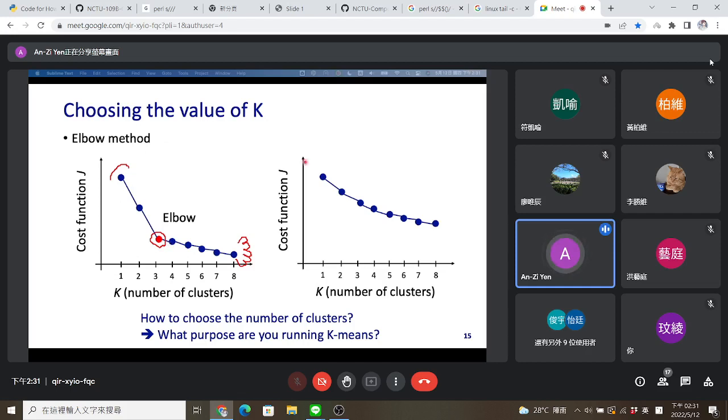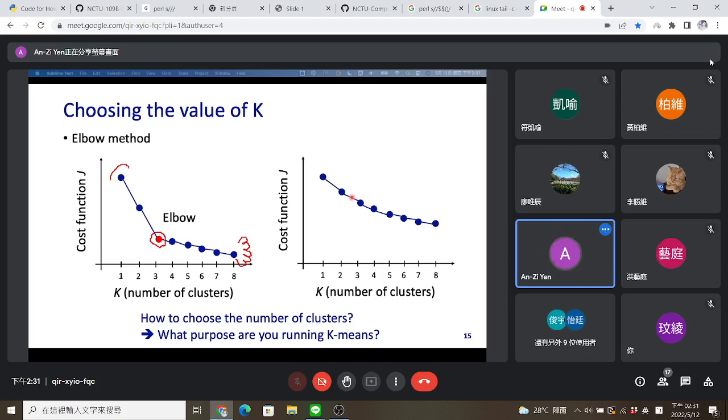And if you look at this case, the curve looks much more ambiguous. In this case, there's no clear elbow, but it looks like it still goes down.